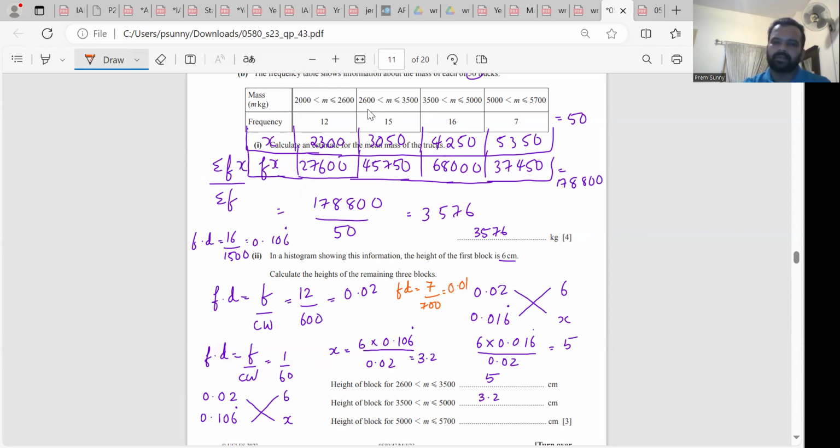For 0.02 frequency density, the histogram showed 6 centimeters. For 0.01, how much will it be? Cross multiply: 0.01 into 6, the whole thing divided by 0.02, will give me 3. X is equal to 3 centimeters. So we are done with this as well.